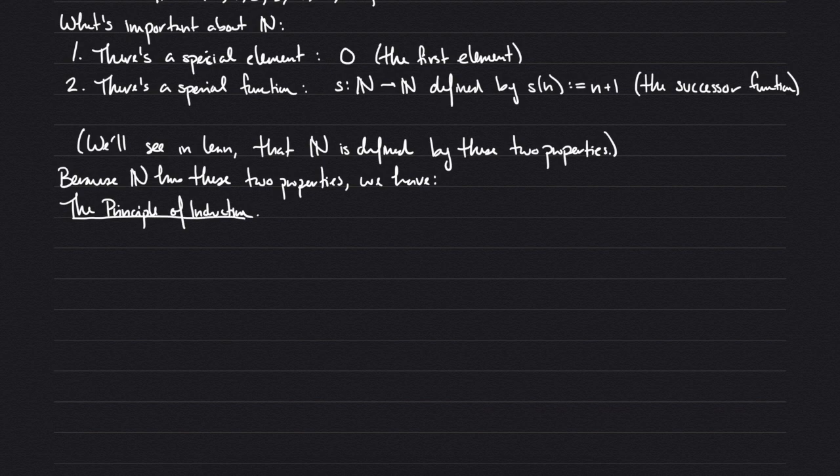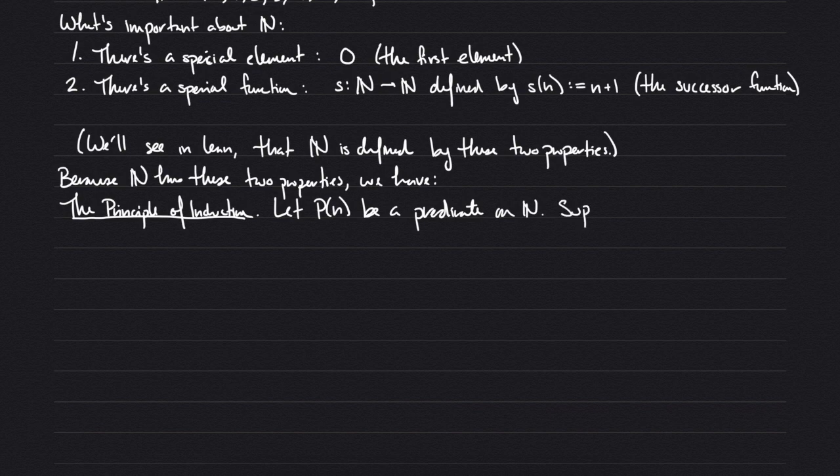Okay, so what does the principle of induction say? It says that if we have a predicate P on the natural numbers, and we want to prove that P of n holds for all natural numbers, we have to make sure that two things hold.